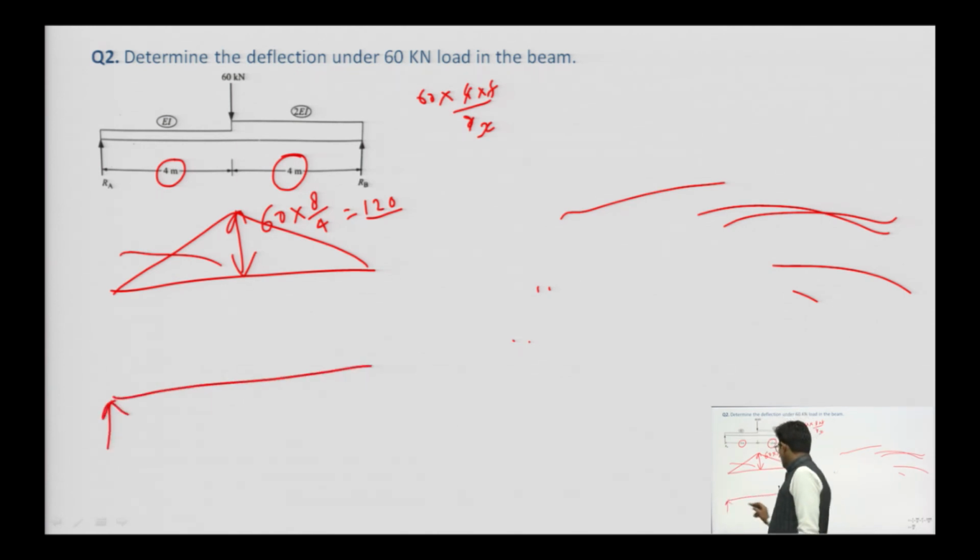End conditions are not going to change in the conjugate beam, because they are outer.